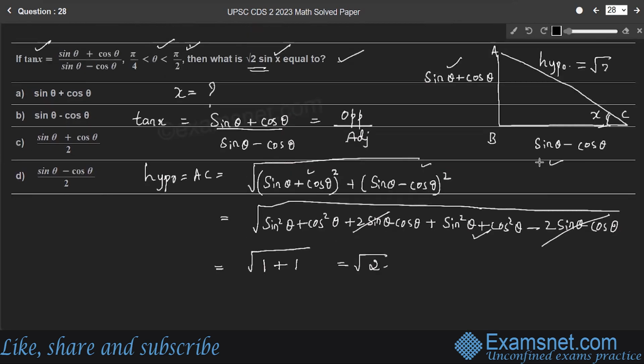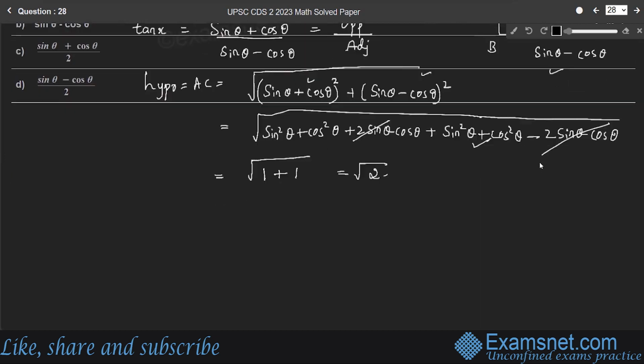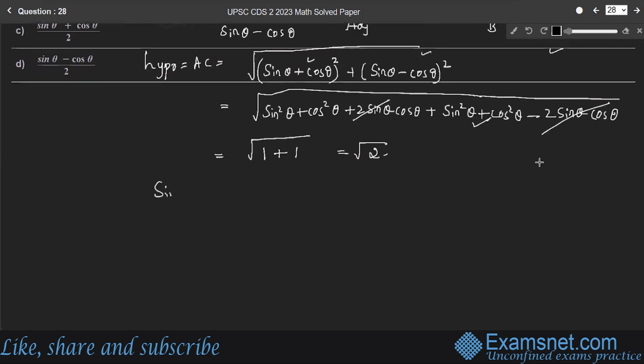So what is root 2 into sine x? Sine x is opposite by hypotenuse.